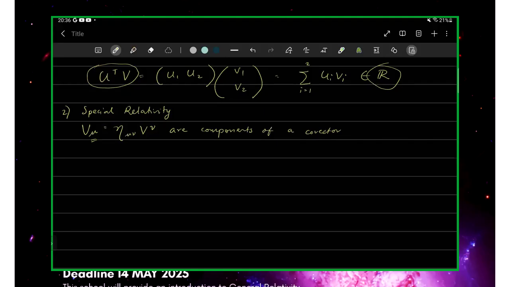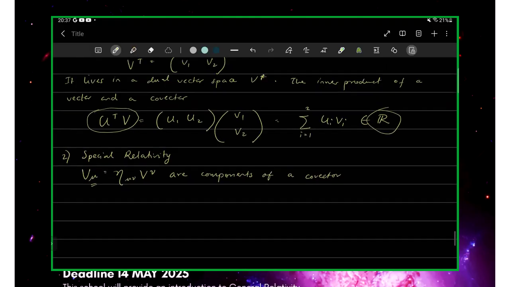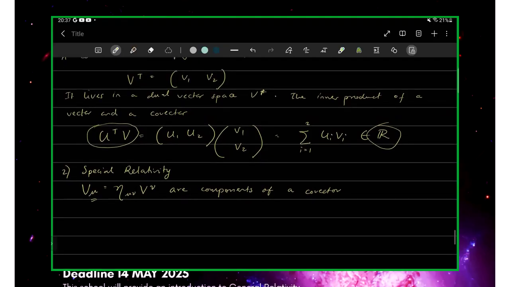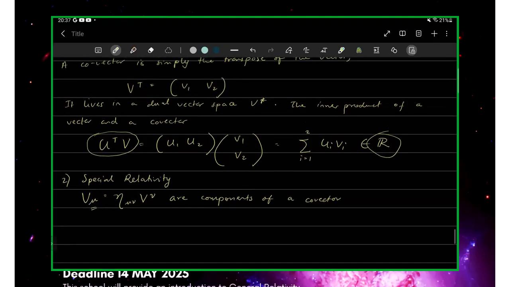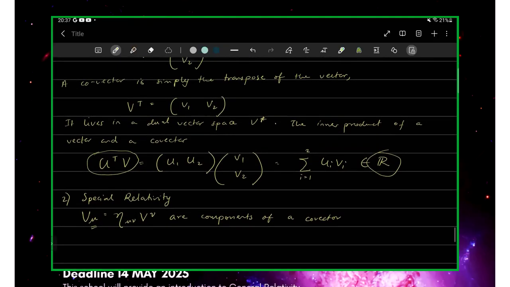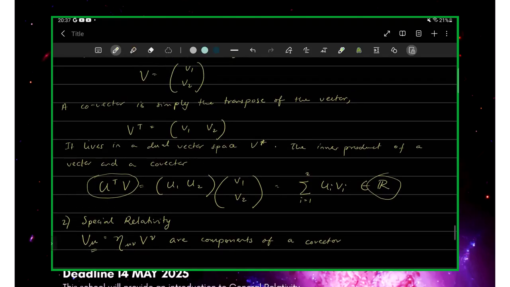Okay, so if the field of the 2D vector space is complex, then should the covector be only transposing the vector? Which field of the 2D vector space is complex? I didn't mention that anywhere.